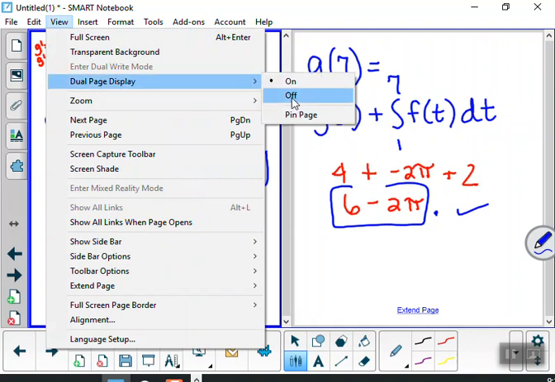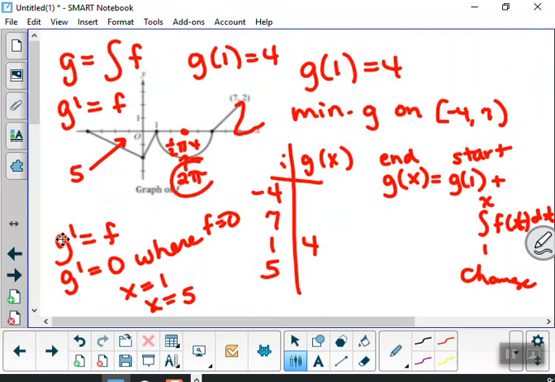Okay, so we figured that negative 4's value was 9. And we figured out that 7 was 6 minus 2 pi. That 5 was 4 minus 2 pi.